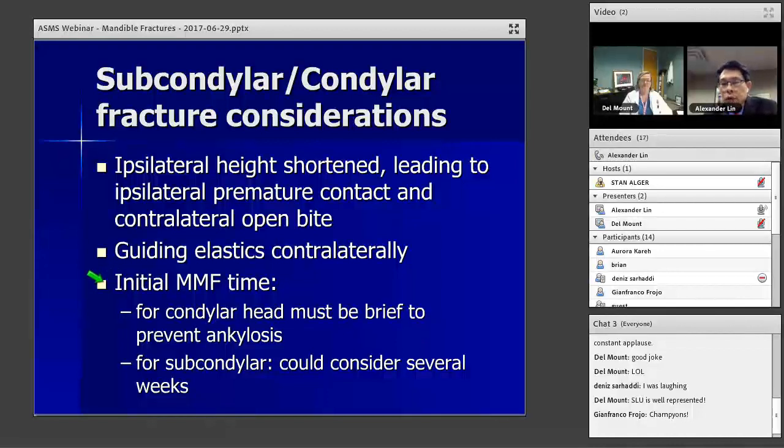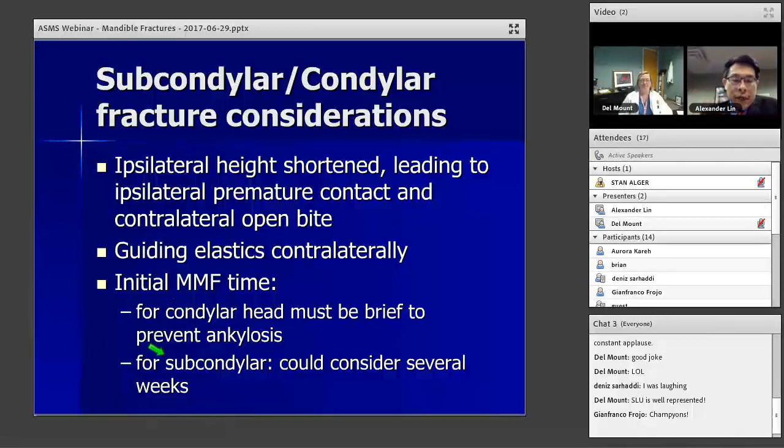Some people think you shouldn't do any maxillomandibular fixation at all. You should immediately just do guiding elastics and let them swing and let them remodel the ipsilateral fracture. Now, if it is a true condylar head fracture, it's really a very brief maxillomandibular fixation. You can't fixate that long, otherwise that bruised condylar head is going to ankylose the joint and you're not going to be able to open your mouth.